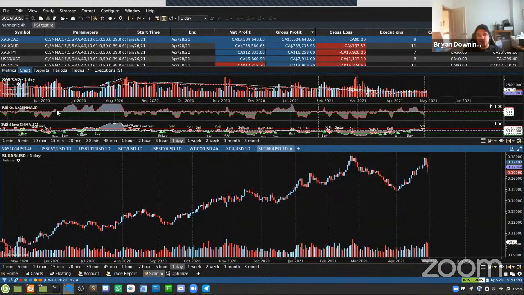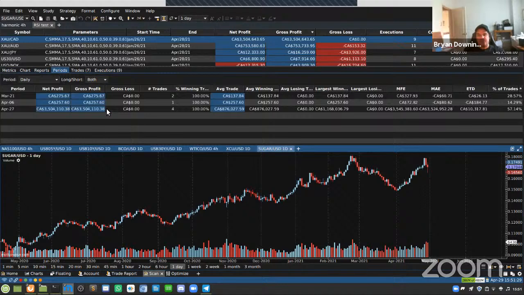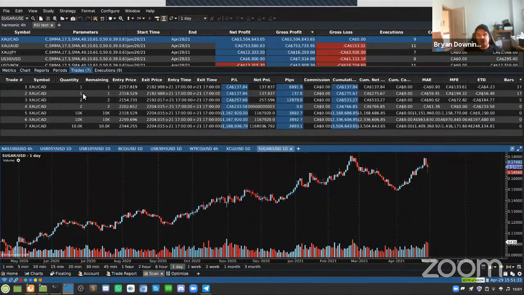So here's all the charts, the trades, for all that to happen. We get our reports, a period. So that would have taken place over 7 trades here to make that happen. So these would have happened at this time, the entry and exit, pretty powerful. This is the amount that you would put in to get these kind of returns.